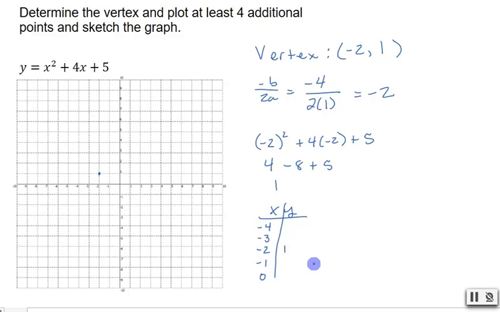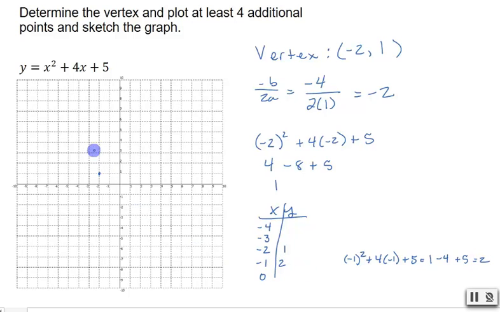Try putting in the negative 1. So we have a negative 1 squared plus 4 times negative 1 plus 5. That makes that a 1 minus 4 plus 5. So 1 minus 4 is negative 3 plus 5 is 2.